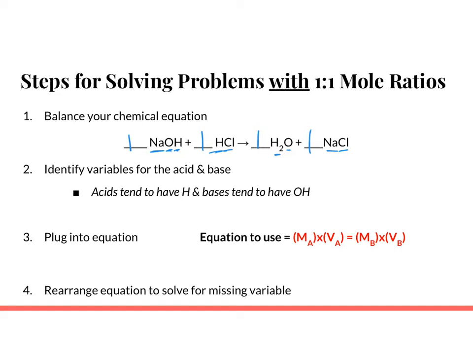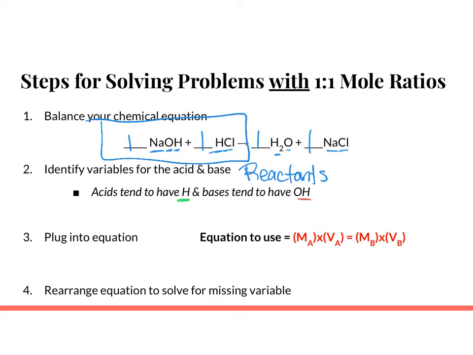The next step is you want to identify the variables for the acid and for the base. For this, you are really just looking at the reactants. Remember, the reactants are on the left-hand side. Acids tend to have an H in them, and bases tend to have an OH in them.